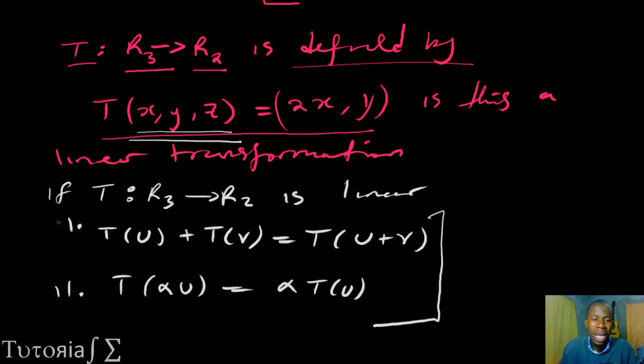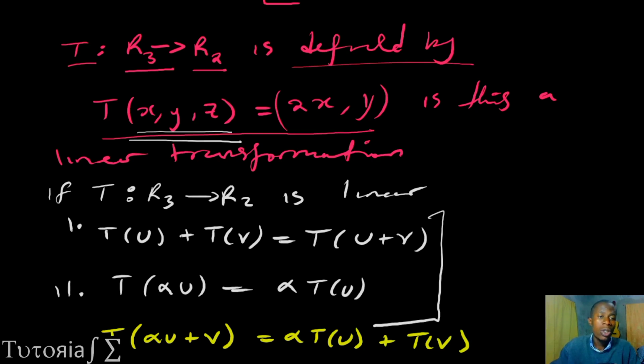In short, we can combine these 2 conditions into one: the transformation of alpha u plus v would be equal to alpha times the transformation of u plus the transformation of v. So we can use these two conditions, or just this one condition that combines the two.